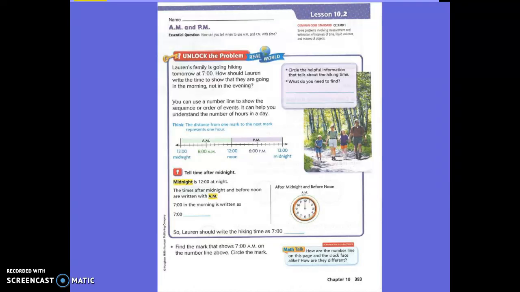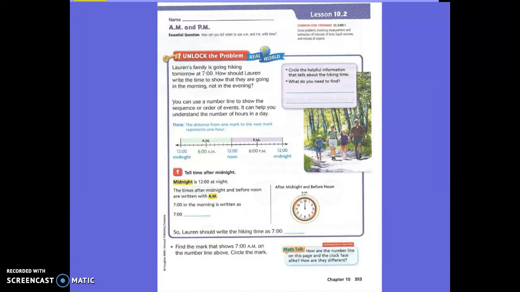If you had a friend that you were going to meet for a movie, and you told them that you were going to meet at 10 o'clock, well, that could be 10 o'clock in the morning, but that could be 10 o'clock at night. You need to make sure that you tell them 10 o'clock a.m. or 10 o'clock p.m. so that they know if it's morning or night.